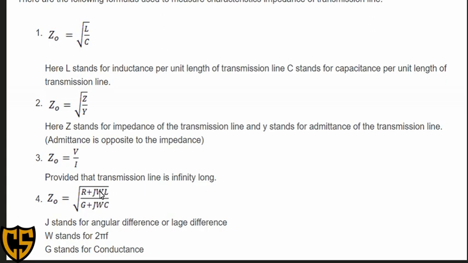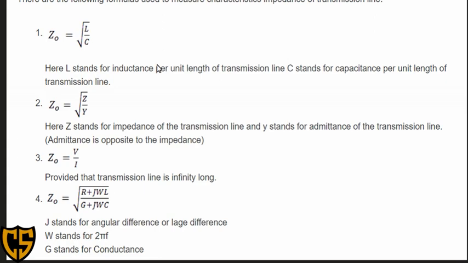So it is a big value compared to our R. So we can neglect R. The same goes for the denominator: our 2πfC will be much greater compared to our G. So we can cancel R and G, ignore them, and what remains is L all over C, for extremely high frequencies.